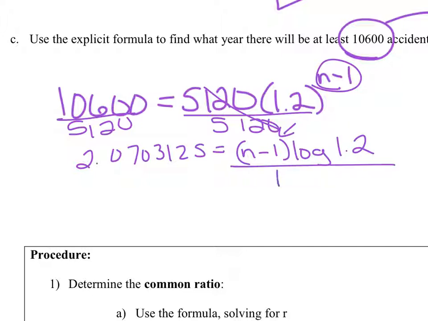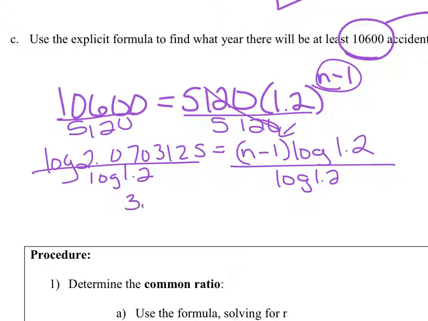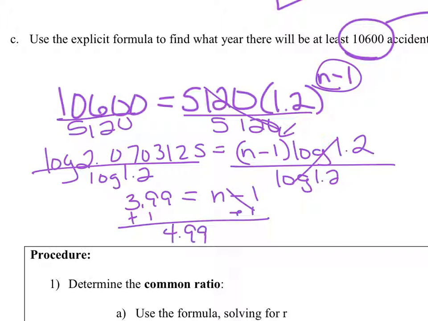So now I divide by log of 1.2, and I'm left with about 3.99, and n minus 1 equals that, so I'm simply going to add my 1. So it would be 4.99, or 5 terms.